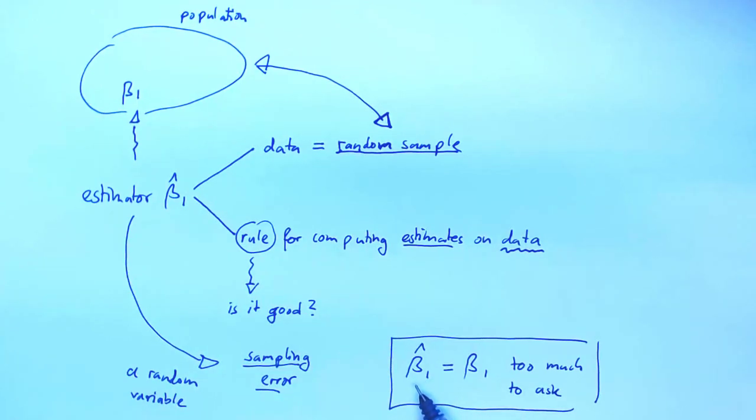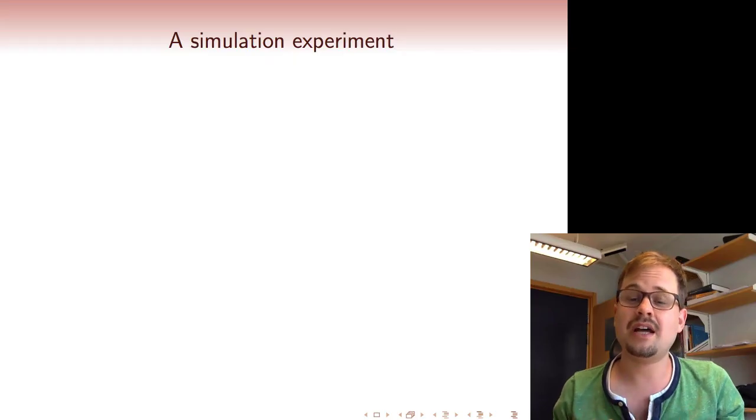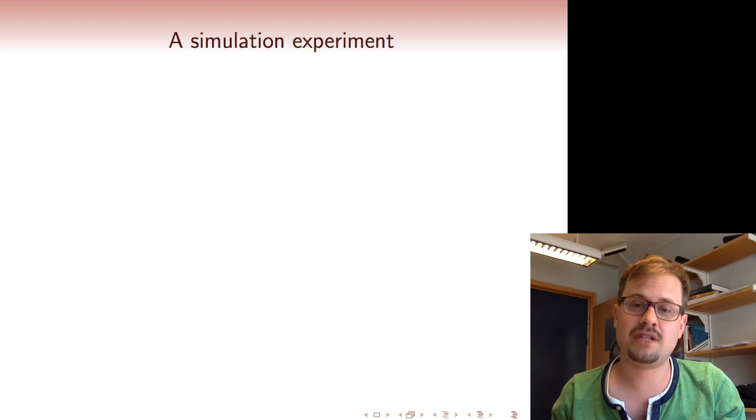And in this chapter, we're going to specify some measures that look at how good beta 1 hat is at estimating beta 1, even if we can't expect it to always guess the correct value. In a sense, it's still a good estimator.